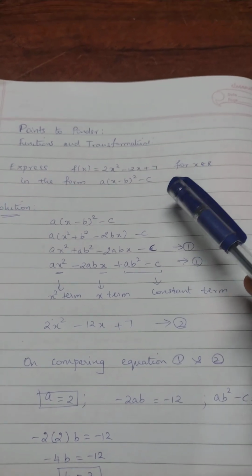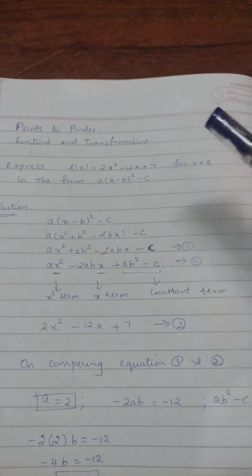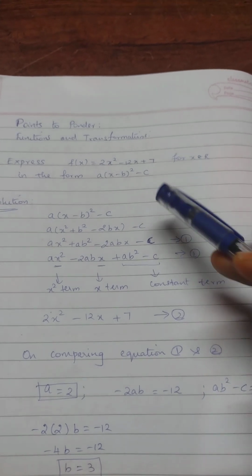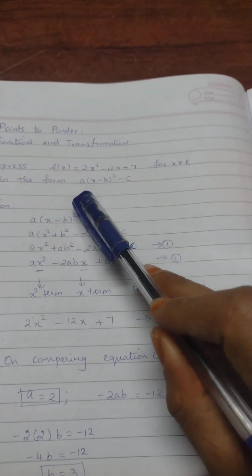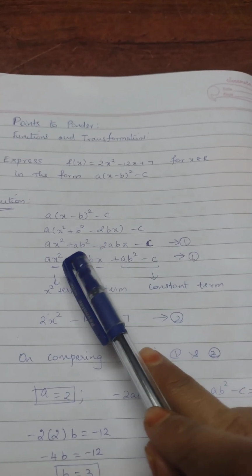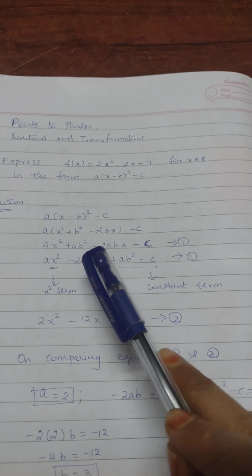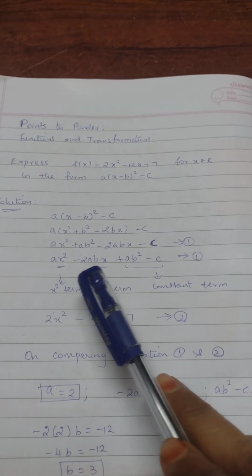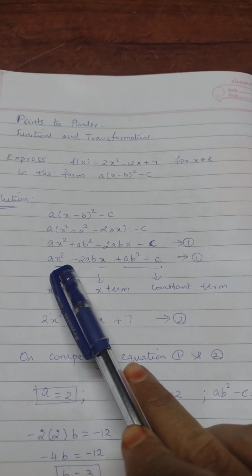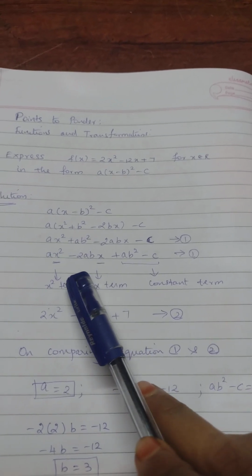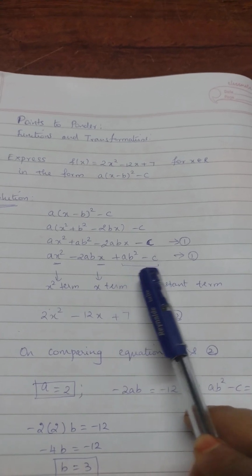Whenever you get a question where a function is being asked to be represented in some other form, follow this. Whatever form they have given, expand that. So the first step is to expand the particular form. When you are expanding it, rearrange it so that you get the x squared term in the beginning along with its coefficient, and then the x term, and then the constant term.